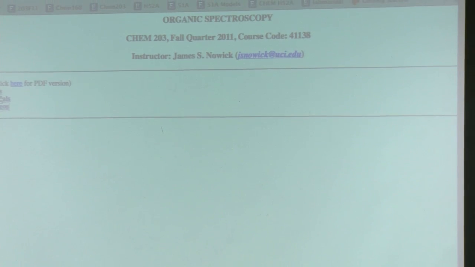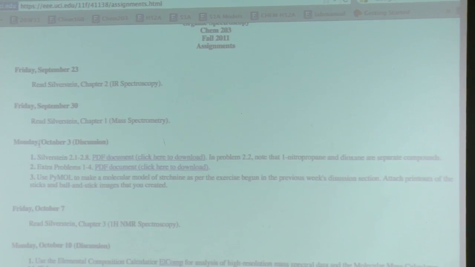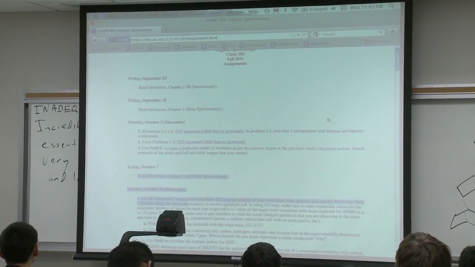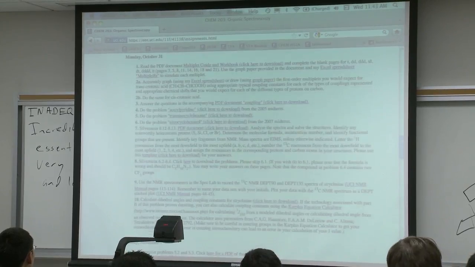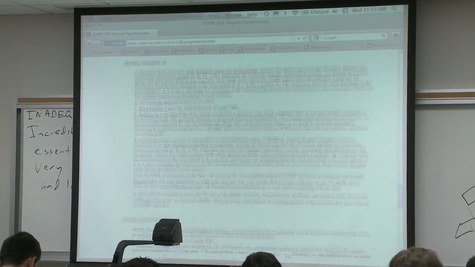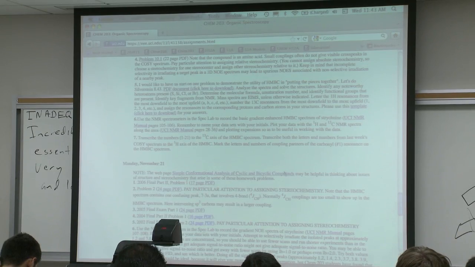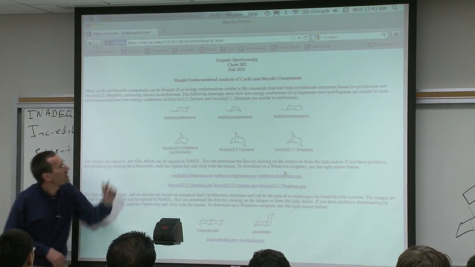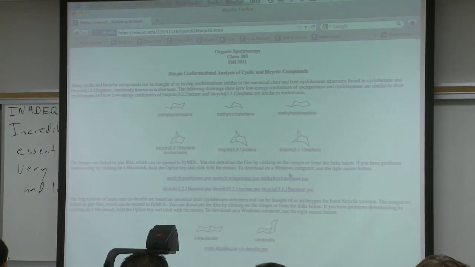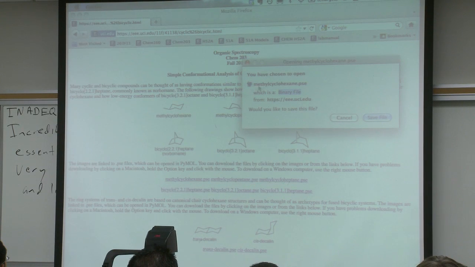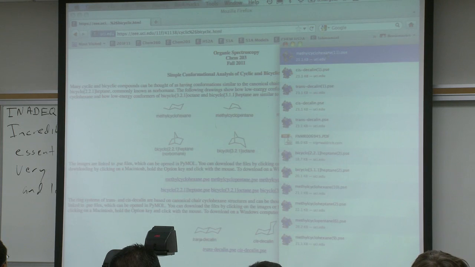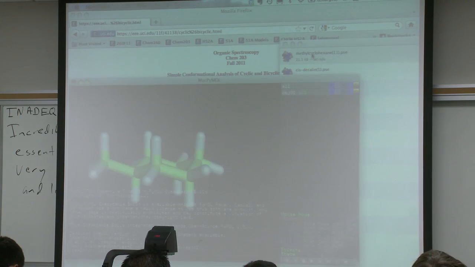And so both on the class materials and the assignments, I created, let me shrink this, I created a web page that links to some basic models of all of those structures. And so I created this simple conformational analysis of these structures. So I've hot linked these all to PSE files, to the PyMol files. And I guess what you have to do at that point is you sort of have to open them separately.